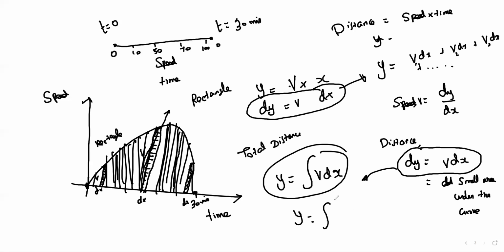The integration value clearly tells us this is the summation of all area. This symbol is the extension of S. S means summation, so the summation is extended like a symbol in integration. So v dx is the distance traveled.